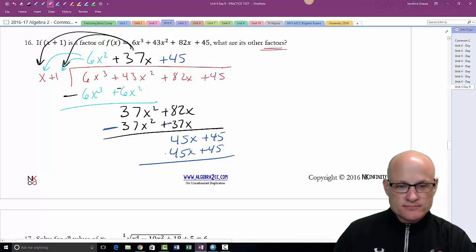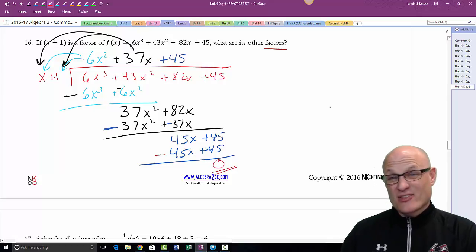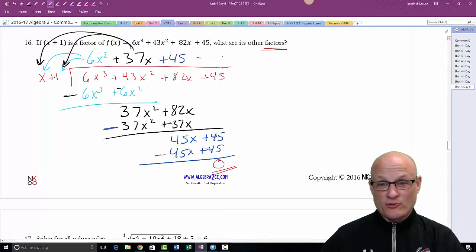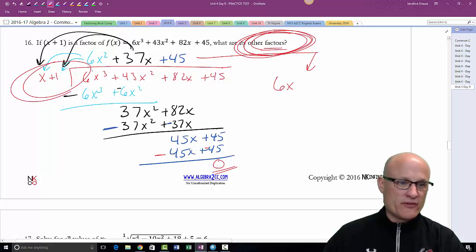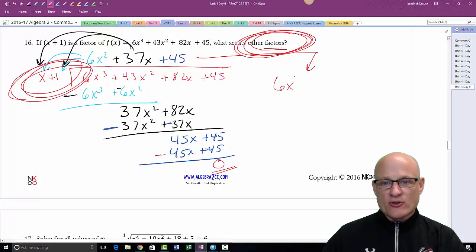Subtract. And I get goose egg. Luckily for us, in this unit, they're all going to turn out to be goose egg. Later on, not so much. So we have to factor this thing. We still need to find the other factors. This is one of them. I want to find the other factors.